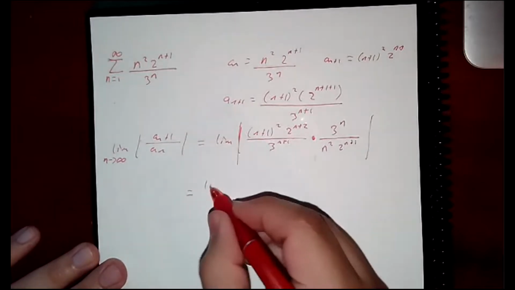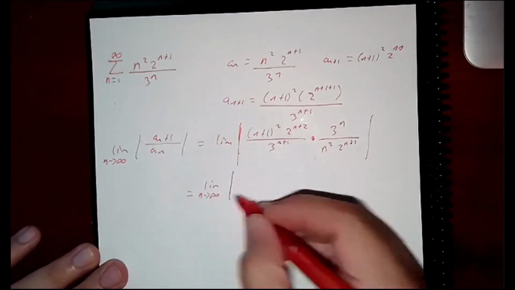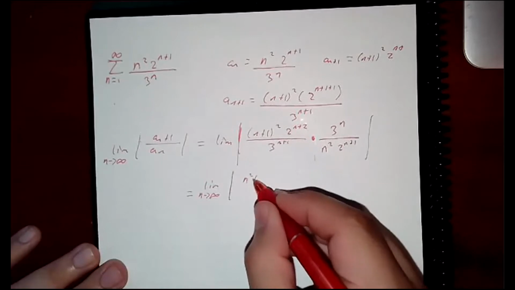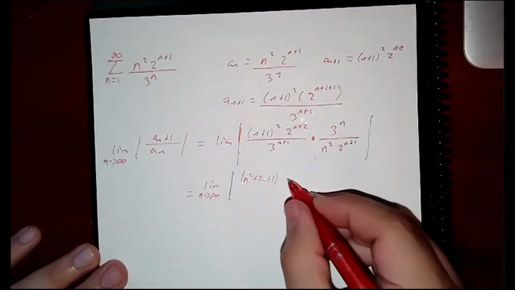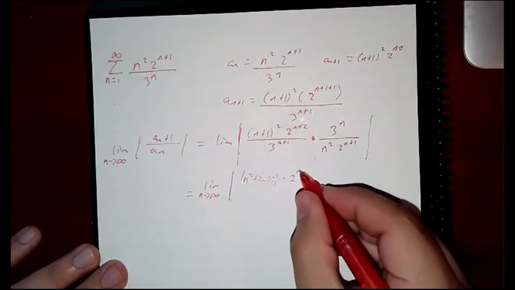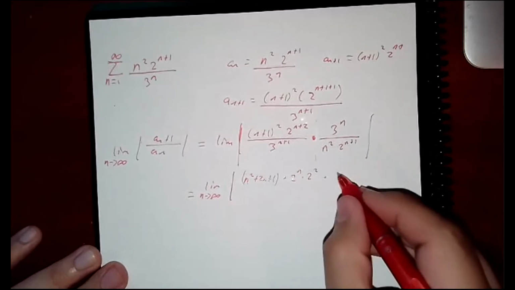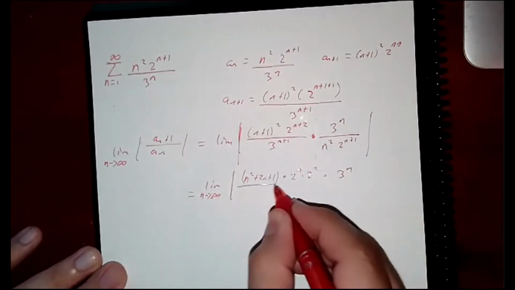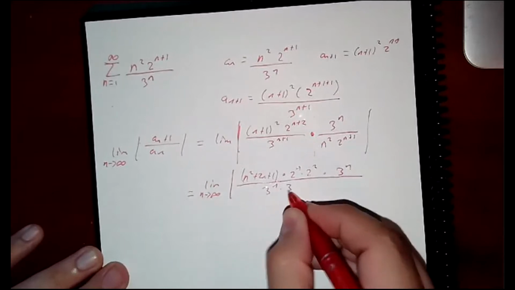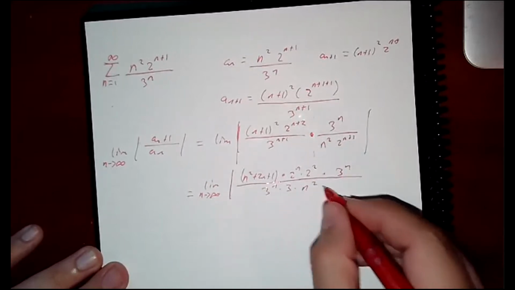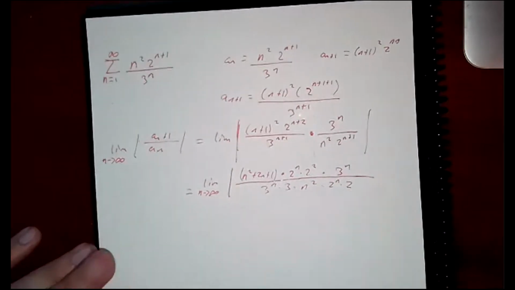Okay, let's show some work, some algebra, so you can see what happens. So this would be just n squared plus 2n plus 1, right? Who cares about that piece? Next part would be 2^n times 2 squared, times 3^n. We're separating the pieces.